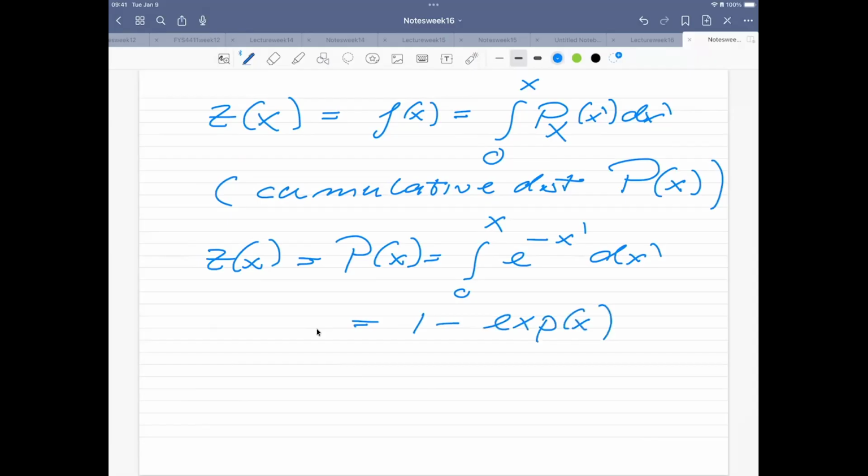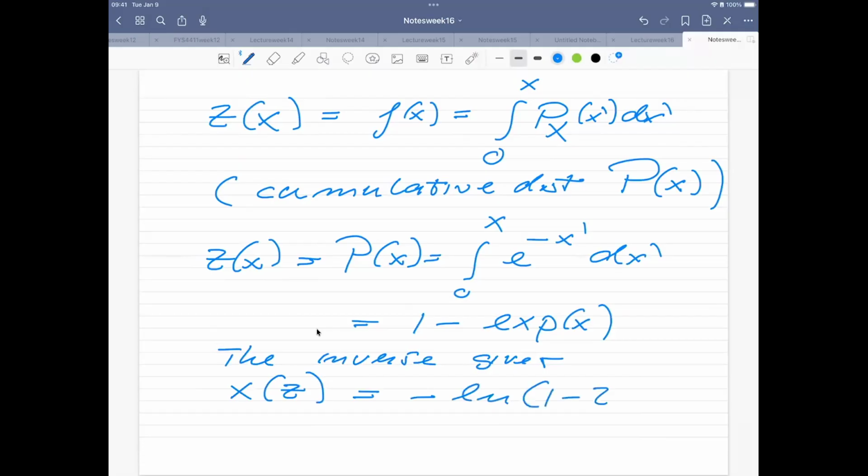So that's the function. And then I can invert it, right? So the inverse gives x of z equal to minus the logarithm of 1 minus z.